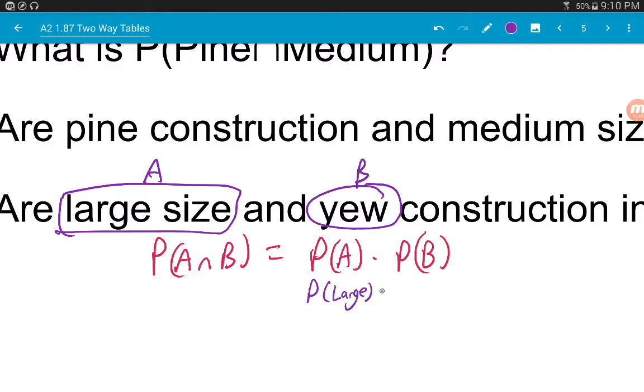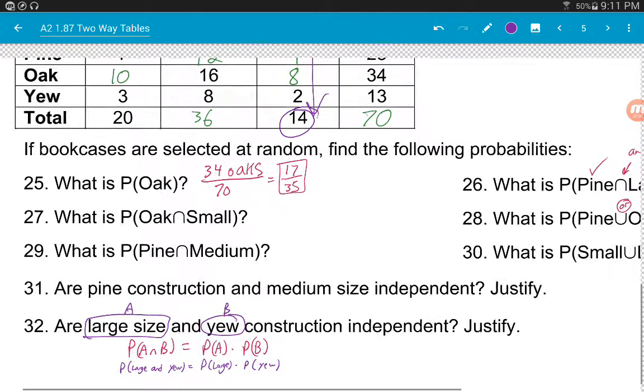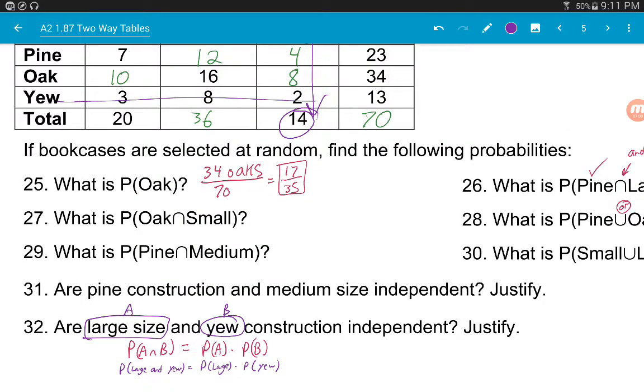So this is the probability of large times the probability of U. And this on the left is the probability of large and U. So the probability of large, I think we just agree, is 14 out of 70. The probability of U is 13 out of 70.